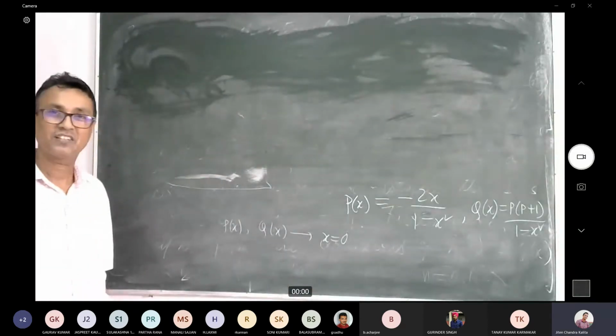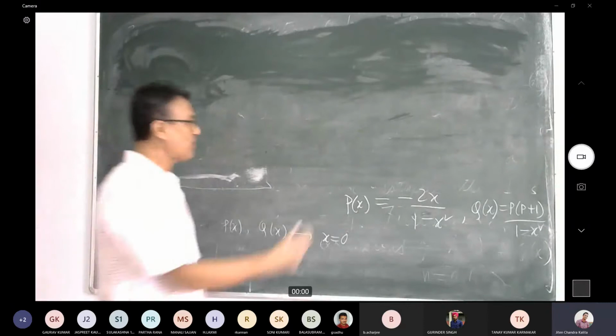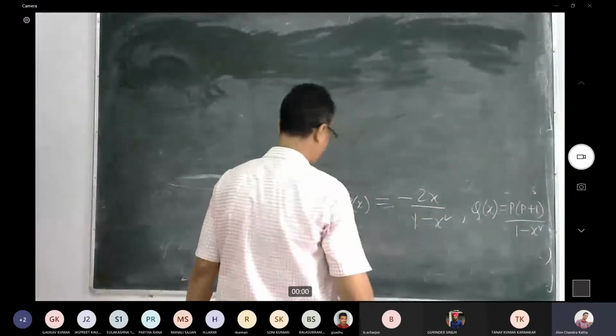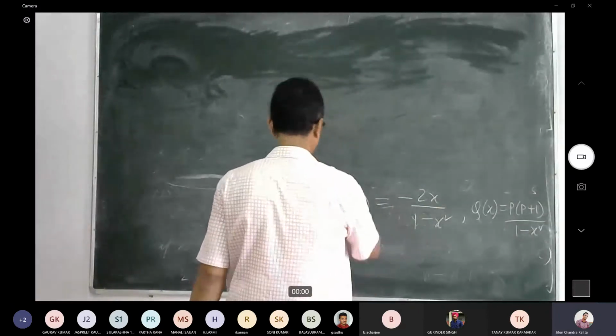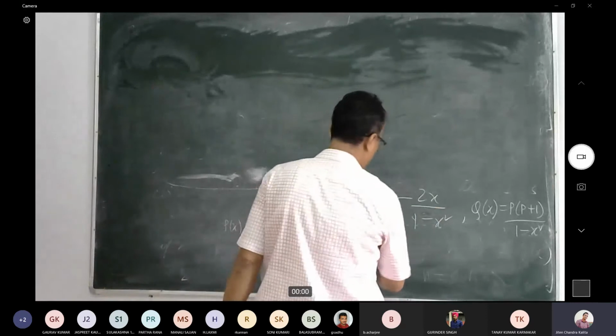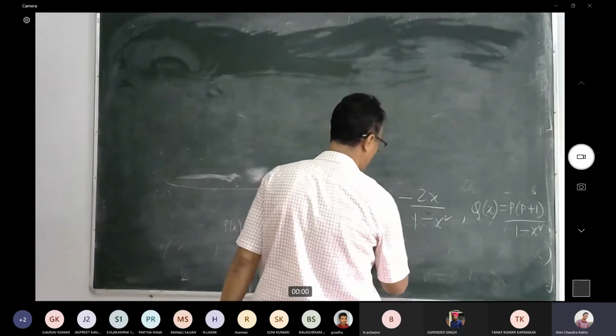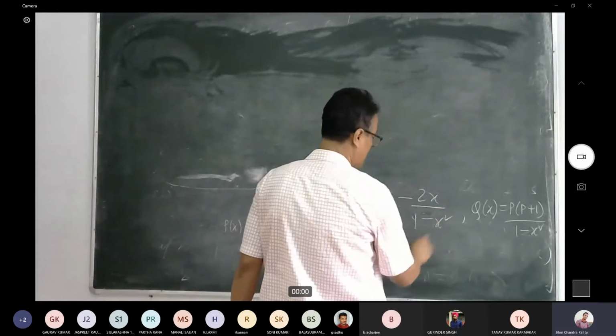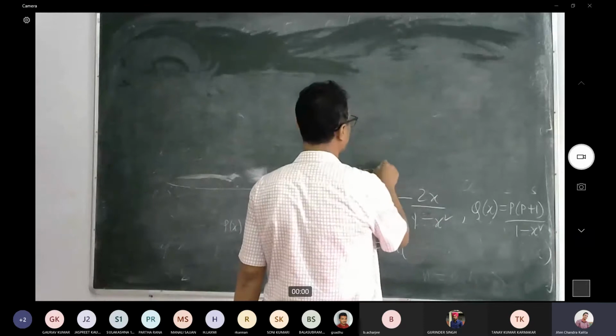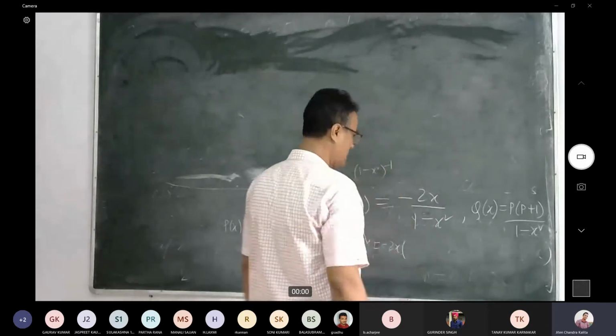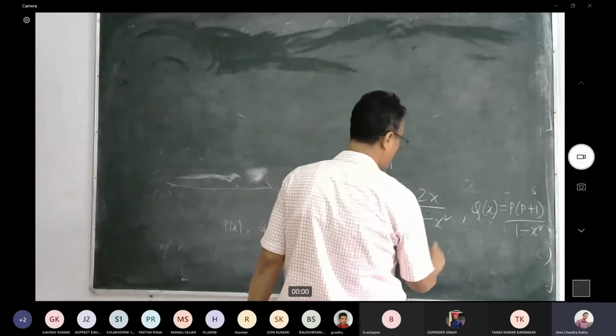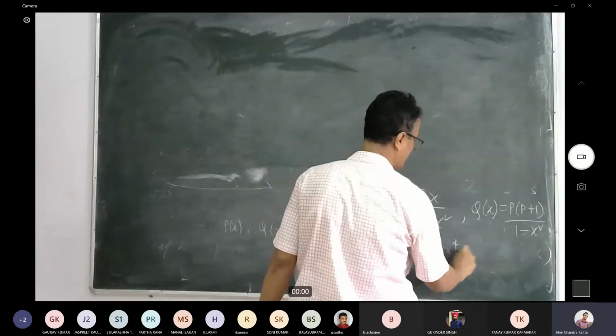Now simply look at this. What is going to happen? Your Px, I can write as minus 2x times the expansion of 1 minus x squared to the power minus 1. So then I am going to have something like this, isn't it?